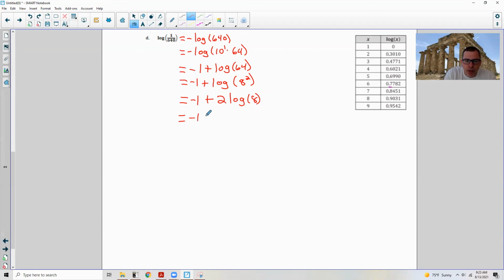So negative 1 plus 2, and the log of 8 is 0.9542. Okay, that is going to equal negative 1 plus 2 times 2, 4, 2 times 4, 8, 2 times 5, 10, carry the 1, 2 times 9, 18, and 1 is 19. So it's negative 1 plus 1.9084. Did I do that right?